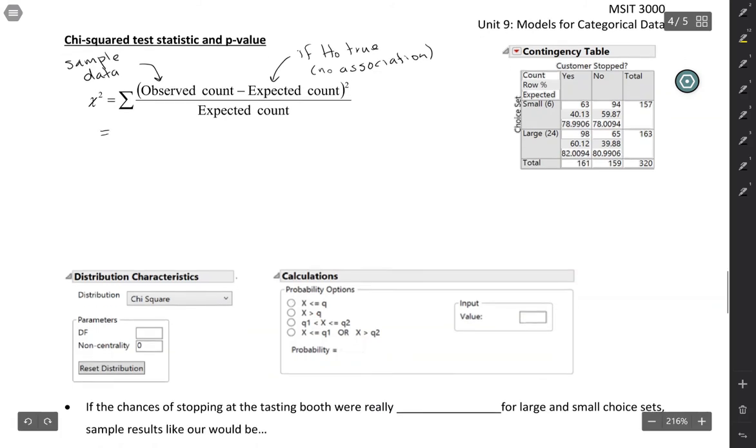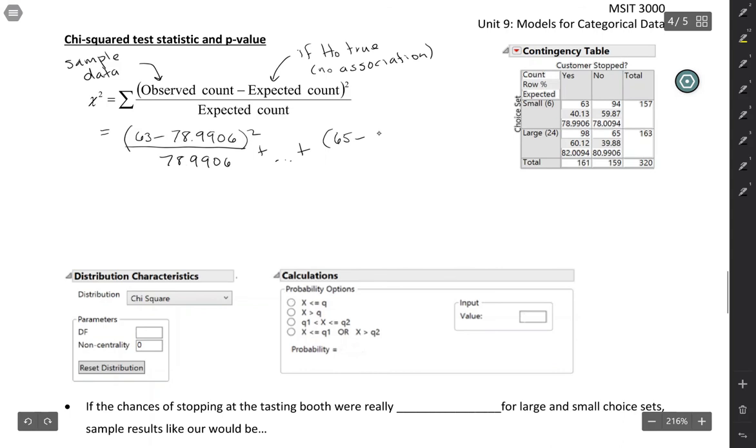So let's just write out a couple of these. I'm going to start with this first cell here. So it would be observed is 63, that's the actual count, minus the expected, 78.9906, squared, all over 78.9906. And I'm going to be lazy and skip ahead to the last cell down here. The observed count was 65.